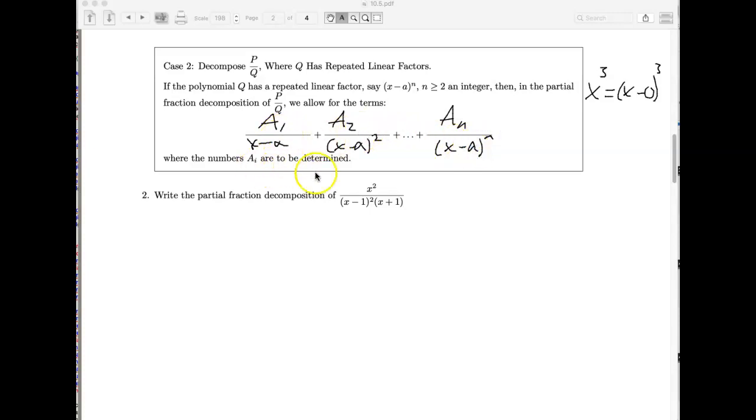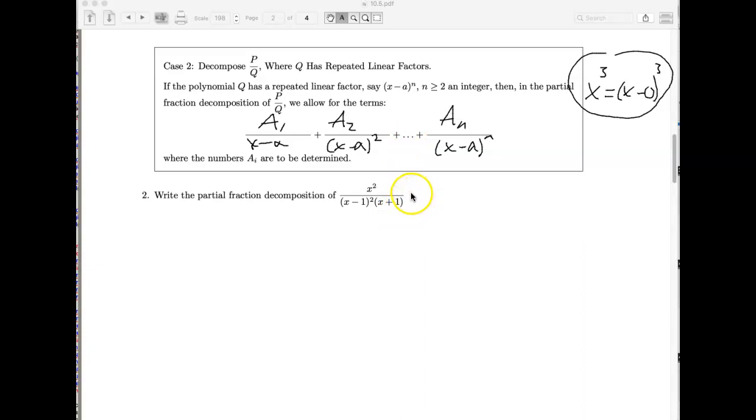So you can see that you're going to have as many terms as your exponent is. So if our exponent was 3, you would have a sub 1 over x minus a plus a sub 2 over x minus a squared plus a sub 3 over x minus a cubed. And just to note that when you have just an x, it still counts as a repeated linear factor.